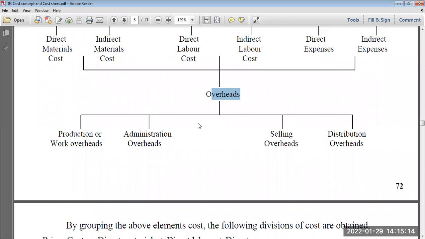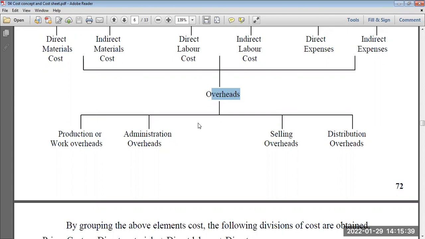Production overheads, otherwise called works overheads, are those indirect expenses incurred in the manufacturing process, incurred in the factory. Okay. If you incur any indirect expenses in the office, those overheads are called office overheads or admin overheads.